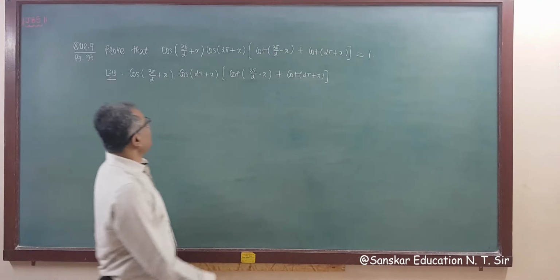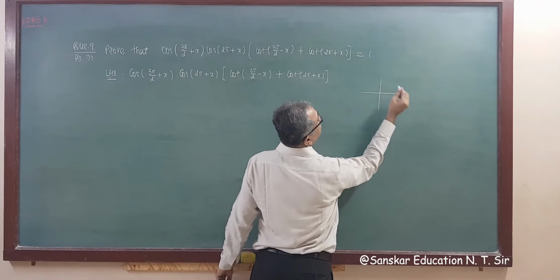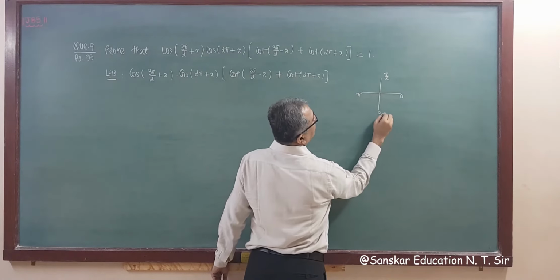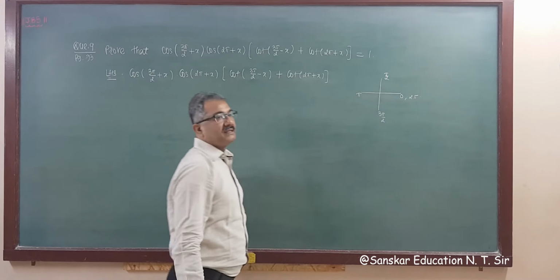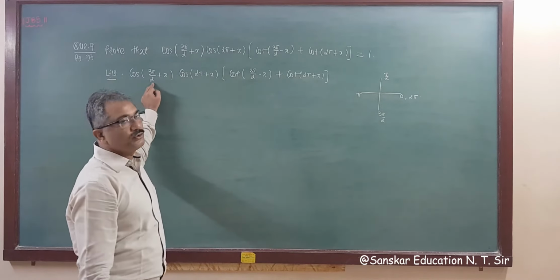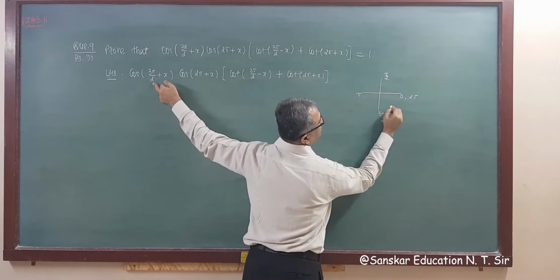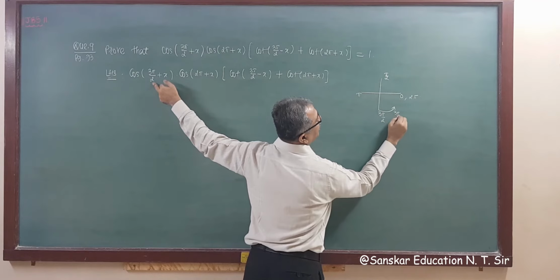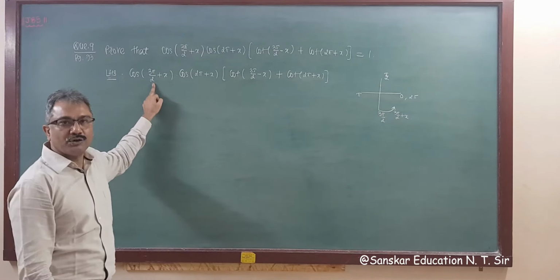Now, as you know, this is 0, π/2, π, 3π/2 and 2π. First, 3π/2 plus x, that is in the fourth quadrant.